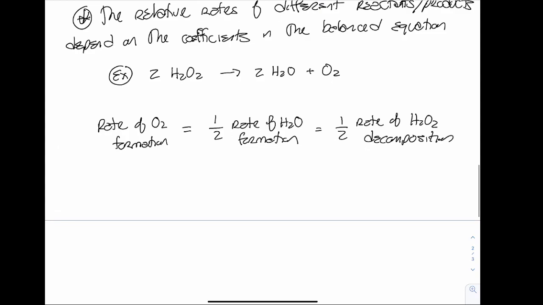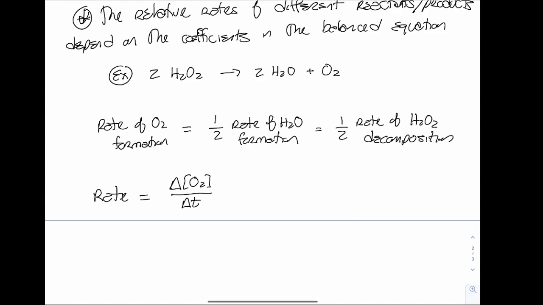If we were to write this in terms of changes, right, using those brackets, I'm going to say that my rate is going to be equal to my change in concentration for O2 over my change in time. Remember, those delta symbols mean change for us.